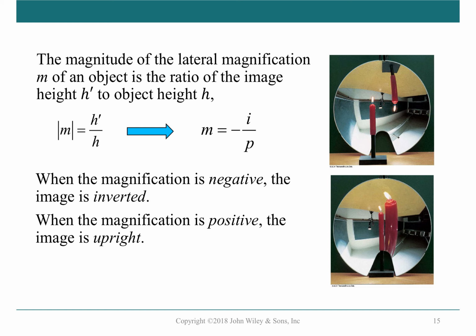Another way to determine the absolute magnification of a mirror is to divide the negative value of whatever our image's distance from the mirror is by the value of our object's distance from a mirror. And anytime this value of magnification is negative as a consequence, our image must be inverted, for the only way for us to get a magnification value that is negative, by virtue of us having this negative sign in the equation, is if i is positive. p is always guaranteed to be positive by default.